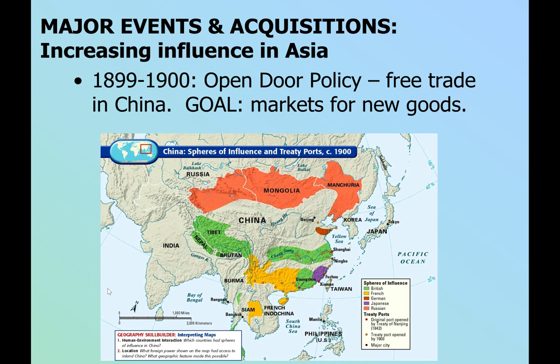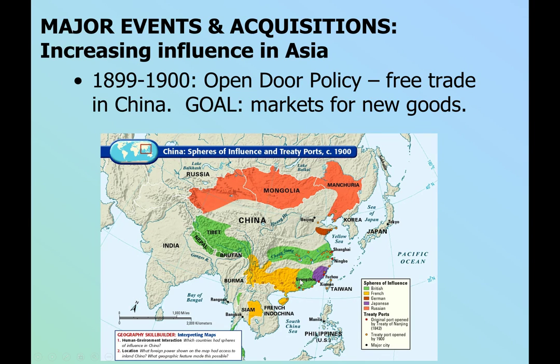So it's not surprising that in 1899 to 1900, the United States tries to open up more trade with China through a policy called the Open Door Policy. You may have talked about this a little bit in World. Essentially, the Open Door Policy establishes that China is willing to freely trade with all European countries and the United States. So up until this point, European countries had carved out spheres of influence.